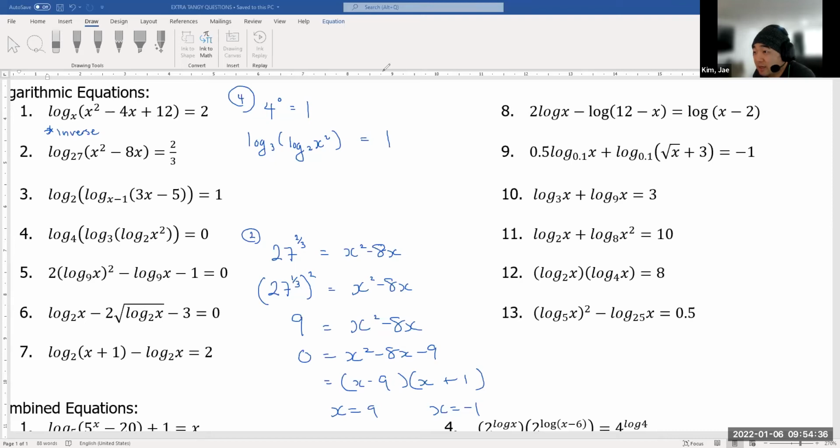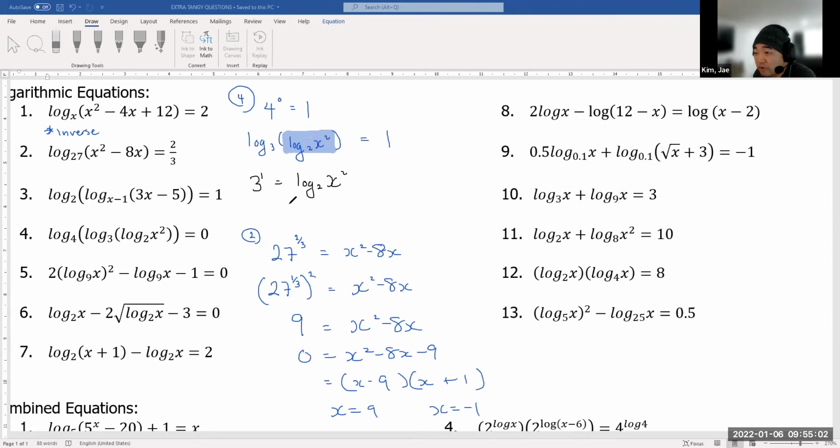Now let's do that again. Log of base 3 of something inside is equal to 1. And if I were to change that into an exponent, 3 to the power of 1 is equal to whatever that thing was inside. So log 2 of x squared is equal to 3.